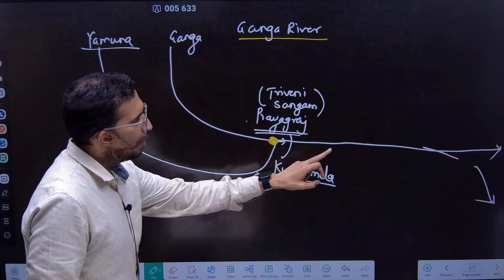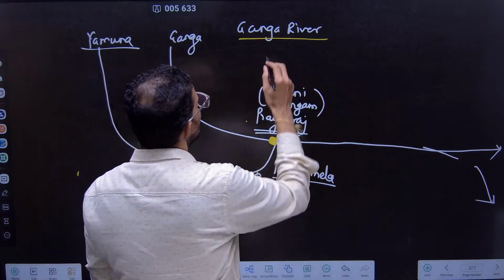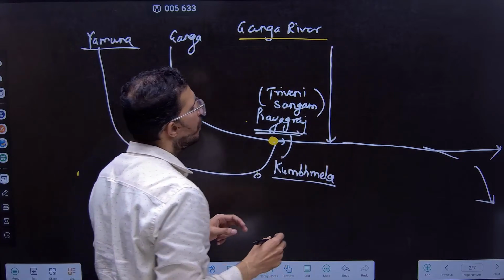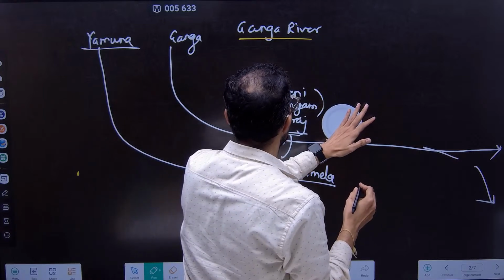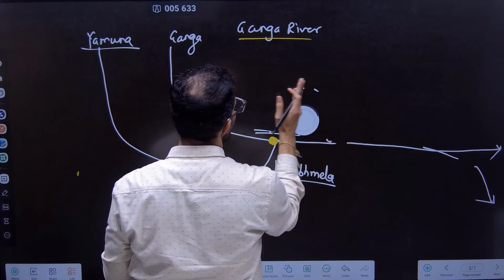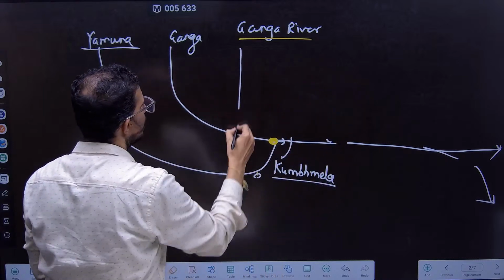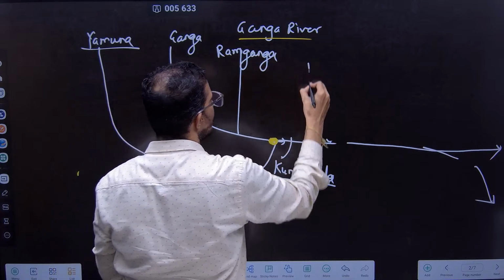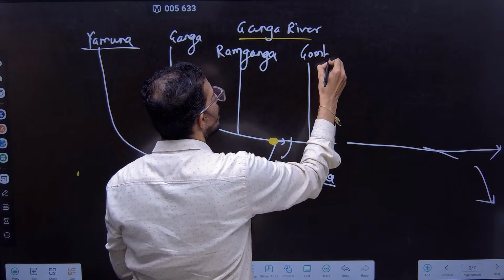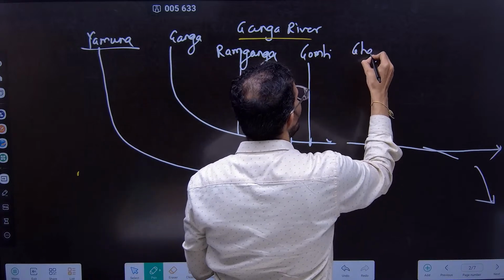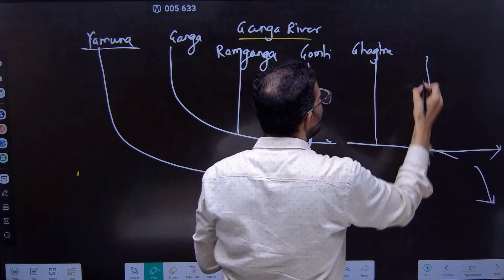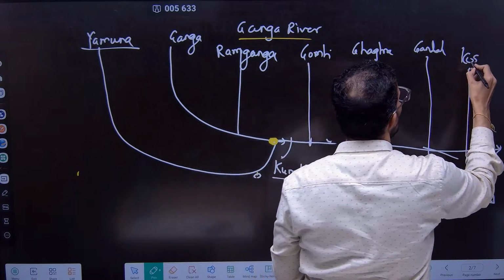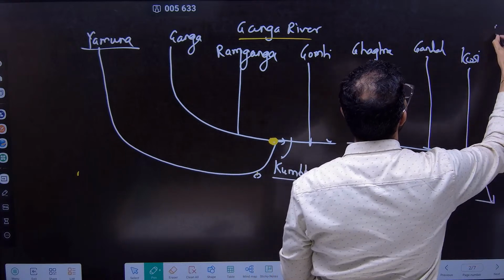Then what are the tributaries of the Ganga? Tributaries, this is just a skeleton. Ram Ganga, Gomati, Ghagara, Gandak, Kosi and which one?